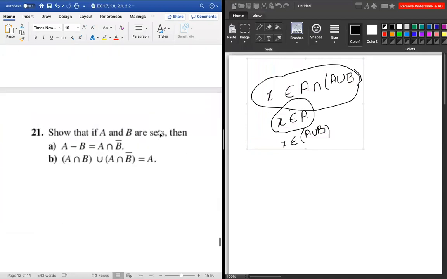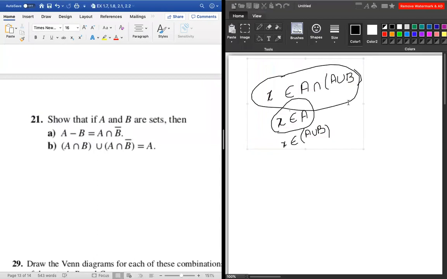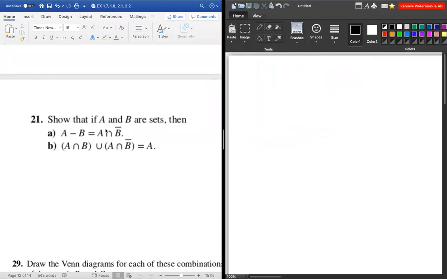Okay, let's take another question. So we have question number 21 here. We have to show that if A and B are sets, then A minus B equals A intersection B complement. Here, this B with the line on top of it means B complement. So if something is included in B, right? Maybe I can draw a diagram here.